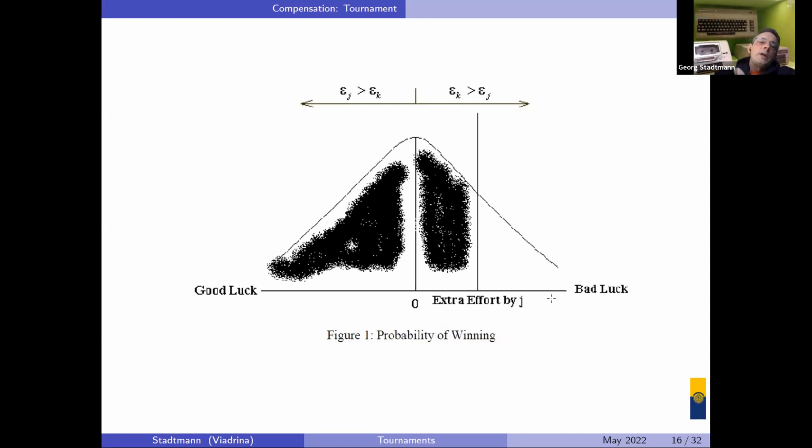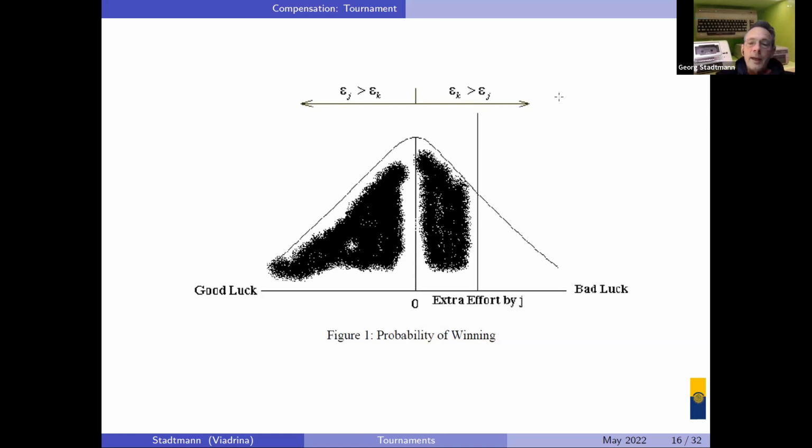When we are to the left of the origin, which is labeled as good luck, then epsilon K is smaller than epsilon J, or putting it the other way around, epsilon J is larger than epsilon K, and we have a relatively high positive error term epsilon J, and this is good luck for J. This is also mentioned in the upper part of the figure, where we have displayed this line of argumentation in formal terms.